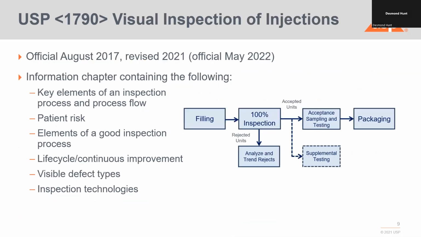In another chapter, a companion chapter that helps give guidance on 790, is 1790. And again, for people who aren't familiar with the USP architecture, chapters below 1,000 we tend to say are mandatory in nature, because those are typically referenced in monographs and drug filings.